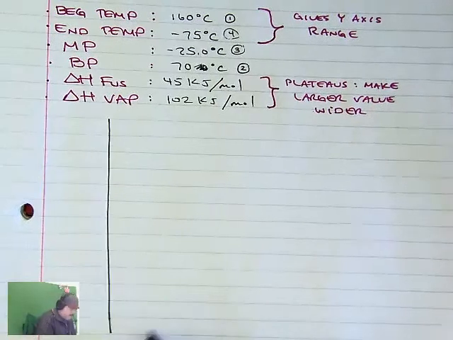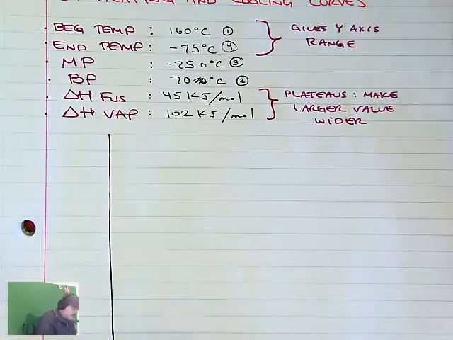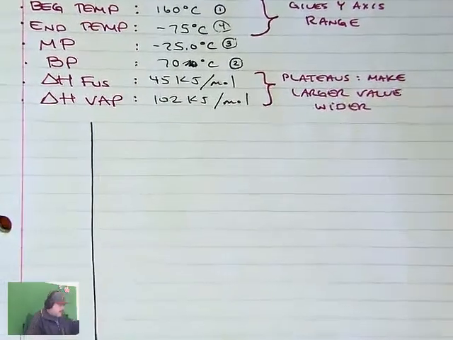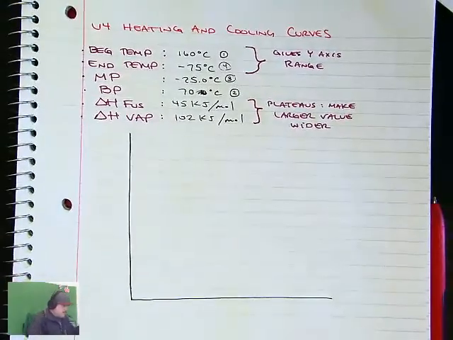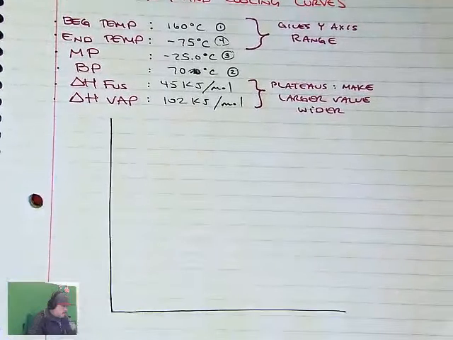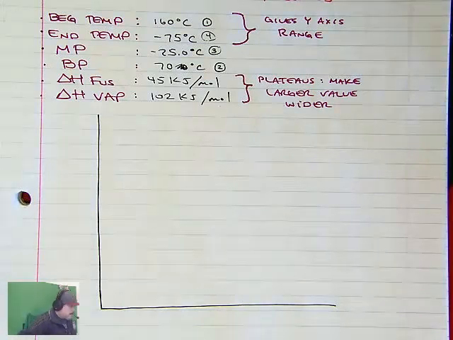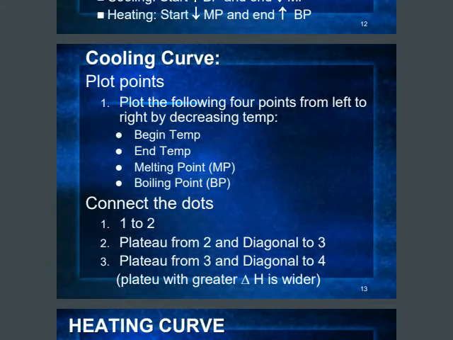I'm going to just go right around here. Again, this is freehand. I'll zoom out a little so you can see it. Okay, just like that. Now let's look at the directions: plot the following 4 points from left to right by decreasing temperature.